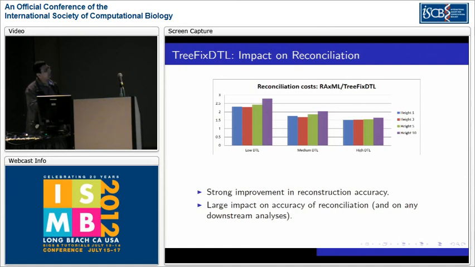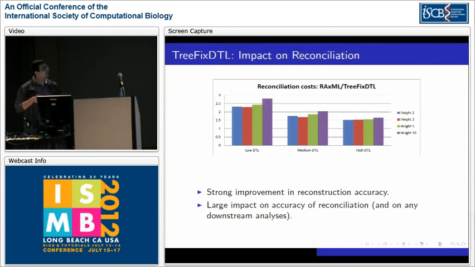Similarly, here we test the impact of incorrectness in the gene tree reconstruction on the actual reconciliation. We compute the reconciliation cost for the RaxML trees and the reconciliation cost for the Treefix DTL trees and divide them. Here you can see that for the low DTL data sets, RaxML is inferring more than twice as many losses, duplications, and transfers as the corrected tree, which is quite ridiculous.